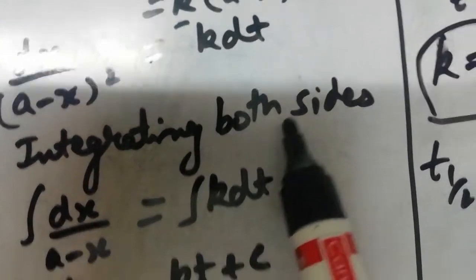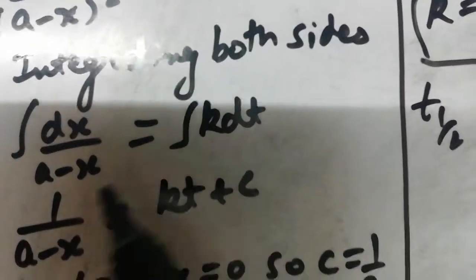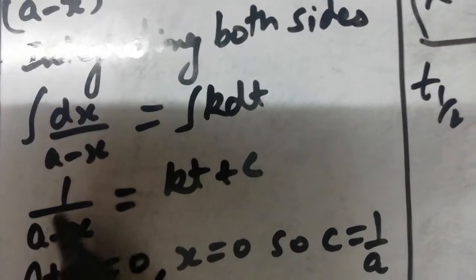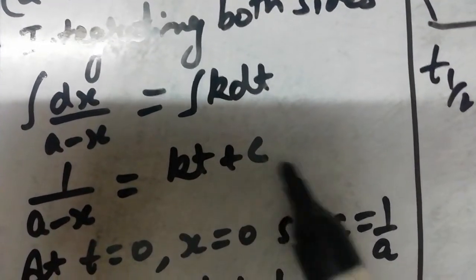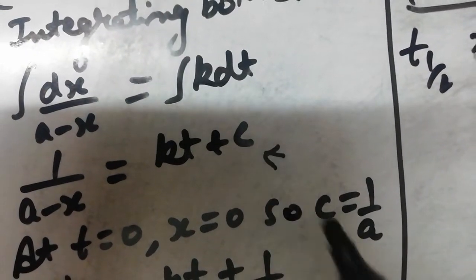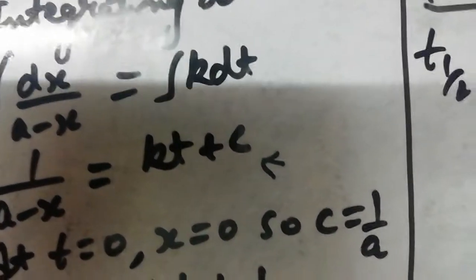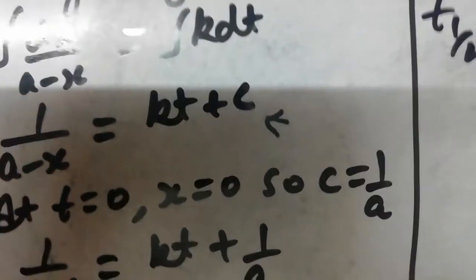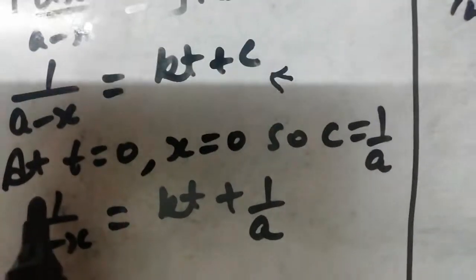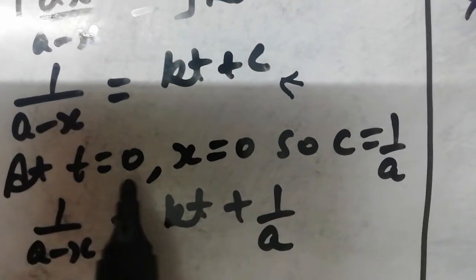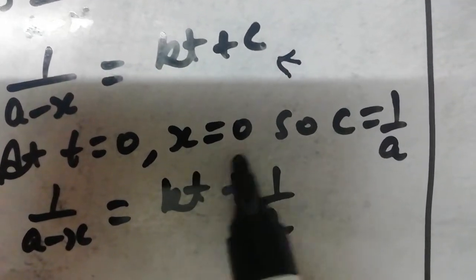Now we will integrate both sides. Putting the integration sign, we get 1 upon a minus x is equal to kt plus C. This C is the integration constant, and as soon as the integration constant is introduced, we will find its value. The same condition we apply: at time t equal to 0, the value of x is equal to 0.